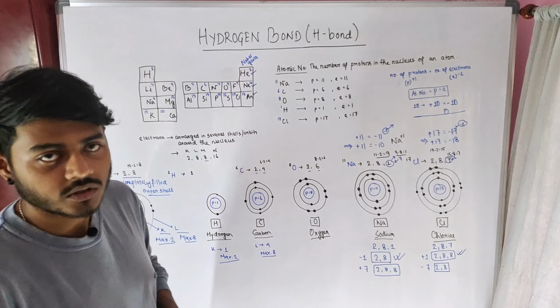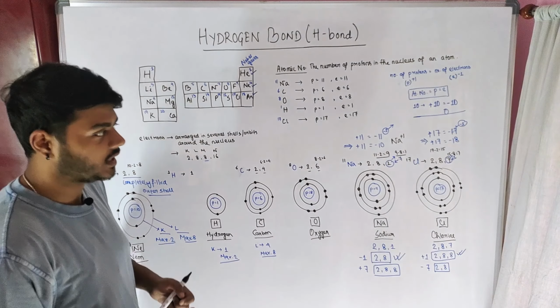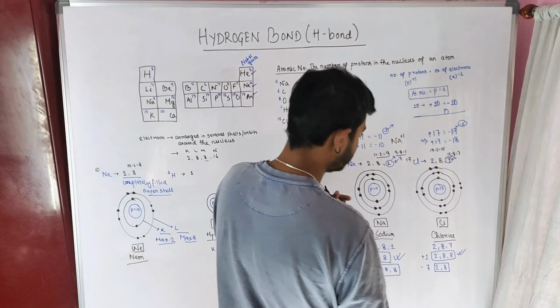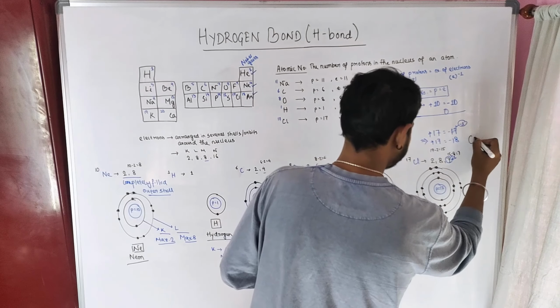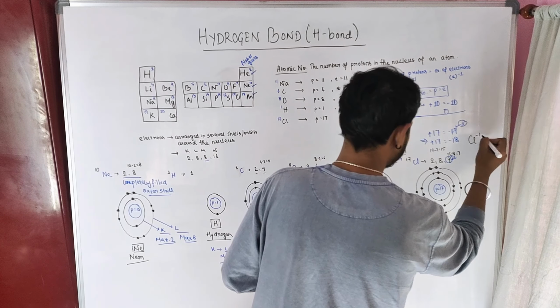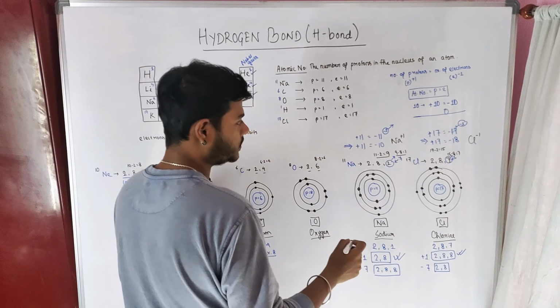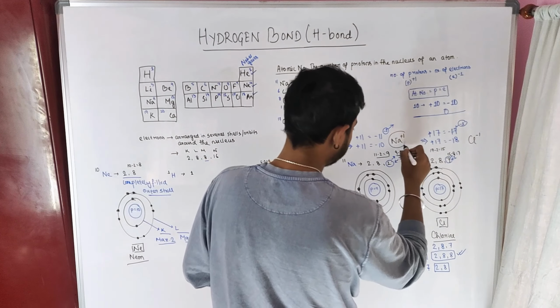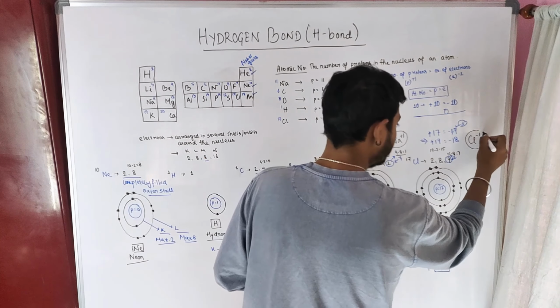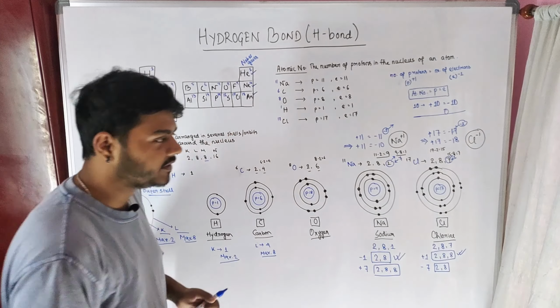So the number of electrons is greater than the number of protons, and this will create an overall charge of -1. So this is how ions are formed and how elements try to achieve a stable configuration.